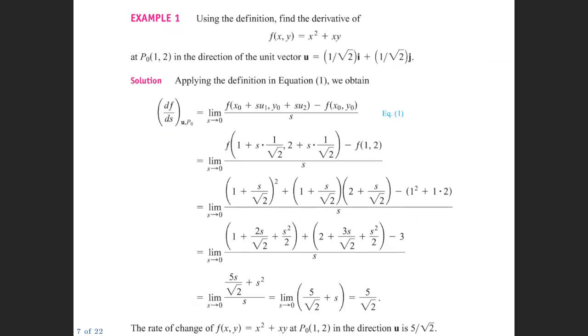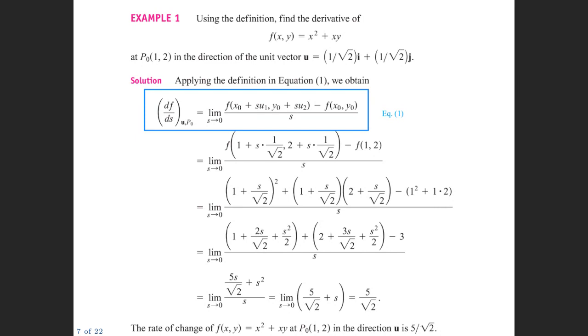Let's look at an example from the book. Here's the definition in the blue box. The directional derivative at the point p0 in the direction u is given by the limit as s tends to 0 of f at x0 plus su1, y0 plus su2, minus f at x0, y0, divided by s. What does the question say?